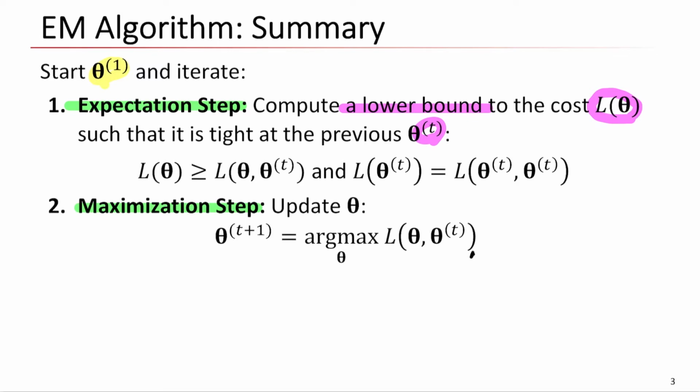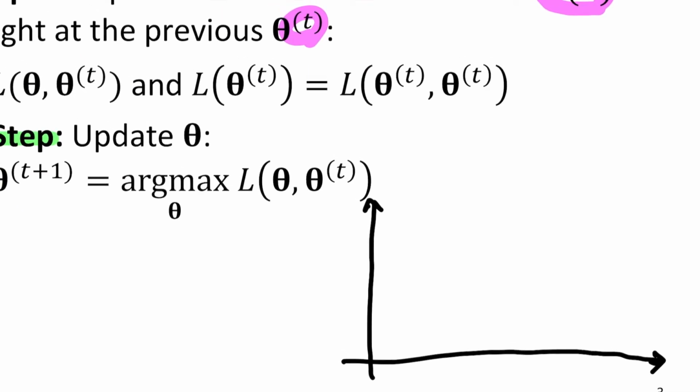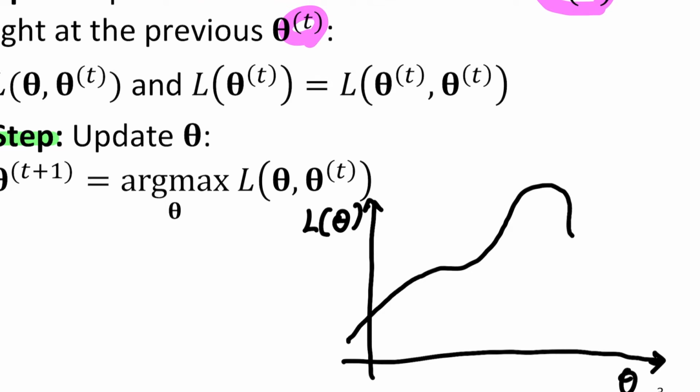Okay, let's see the loss picture here. Let's say the x-axis means the theta that we want to solve, right? And the y-axis means the loss in terms of theta, right? Let's say the shape of our loss function looks like that, right?